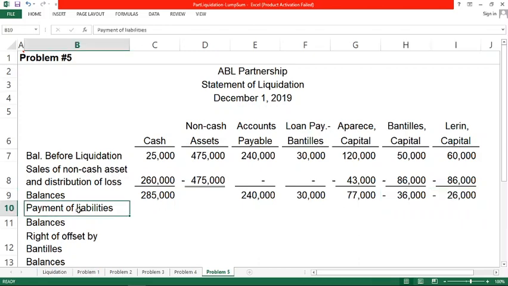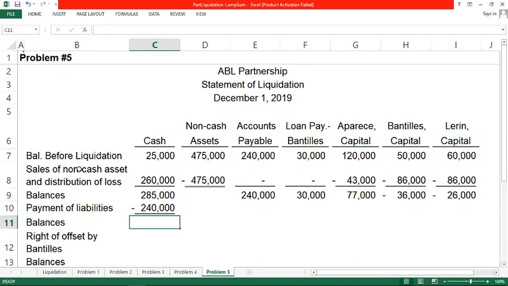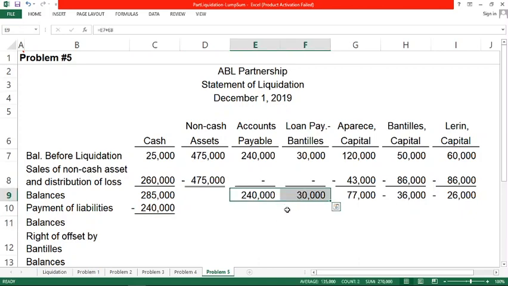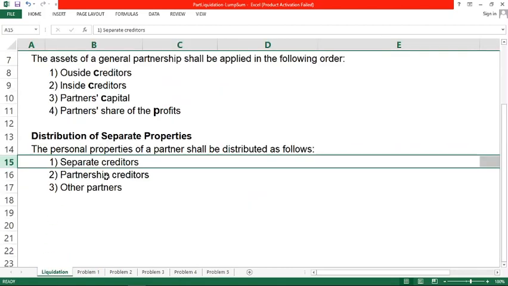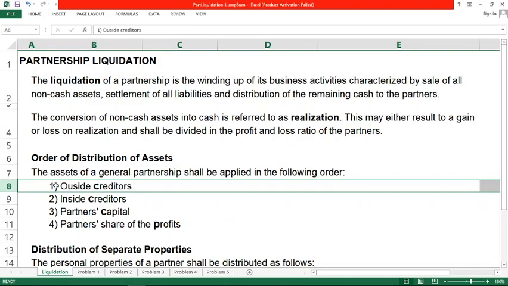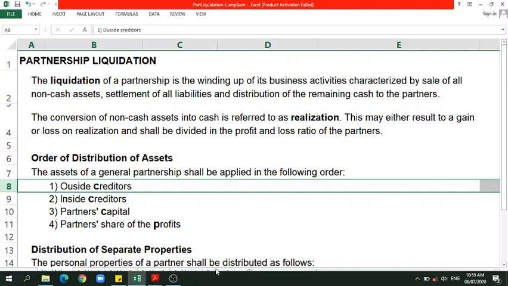So after that, after distribution of loss due to sale of non-cash asset, let us now pay our liability. So we have here 240. Ma'am, bakit 240? Yung utang di ba natin is 270. Okay, ano nga ulit yung order of priority? Oops, unahin daw muna natin si outside creditor.